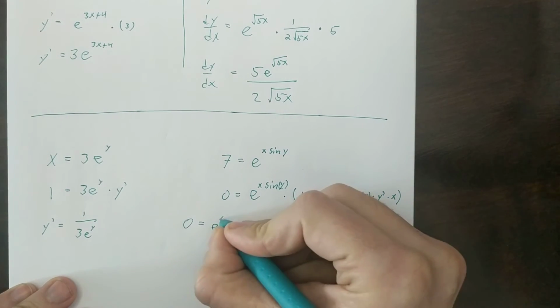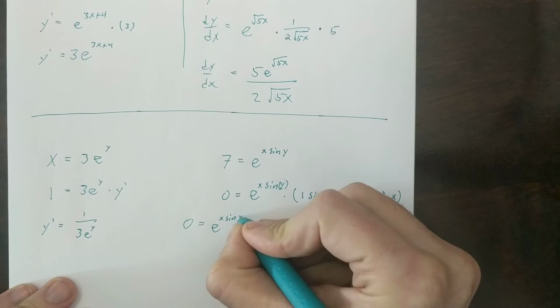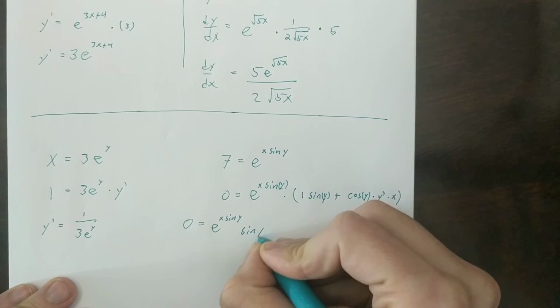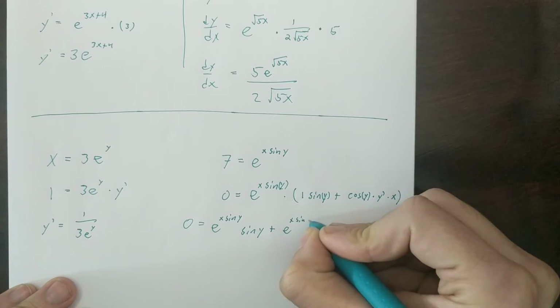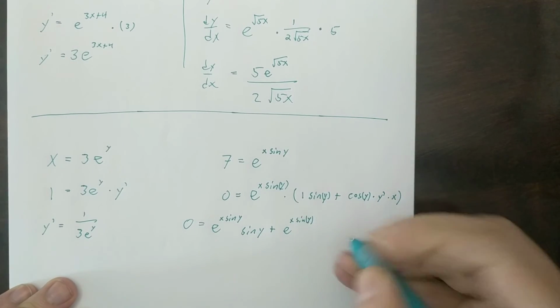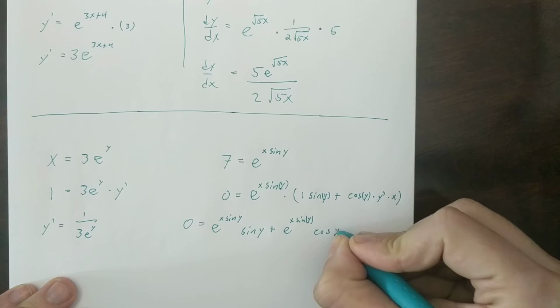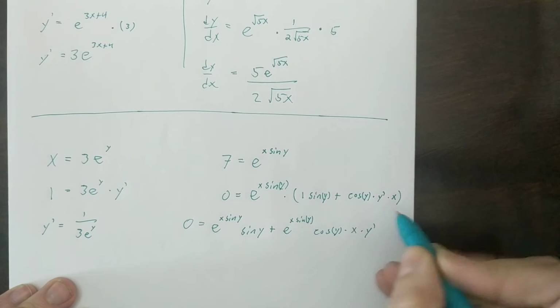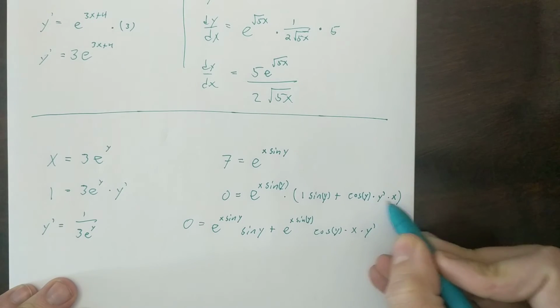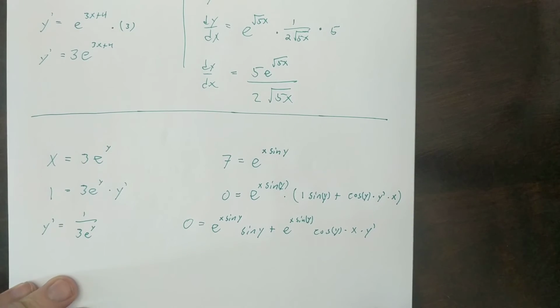So this is e^(x sine y) sine y plus e^(x sine y) cosine y times x times y prime. I just did this. For some reason, I switched the x and the y. There's not really a good reason to do that.